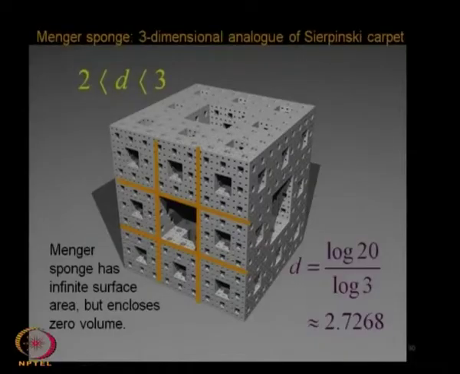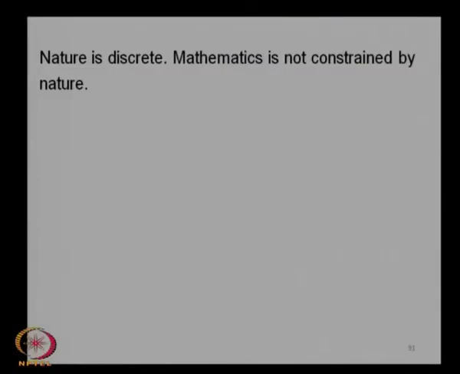So you will be left with 0 volume. But if you look at the area, if you keep adding it, because you are adding smaller areas, you are using smaller scales, smaller units of measuring areas, just the way you did for the Koch curve, that is going to add up to infinity. So the fractal dimensions are very interesting mathematical objects.